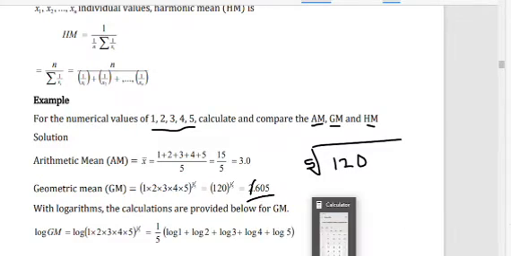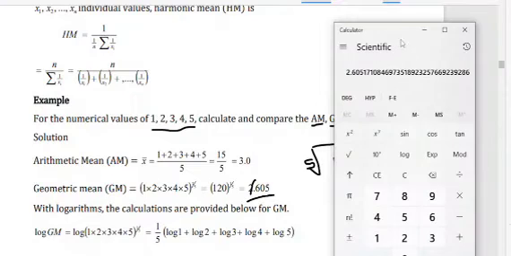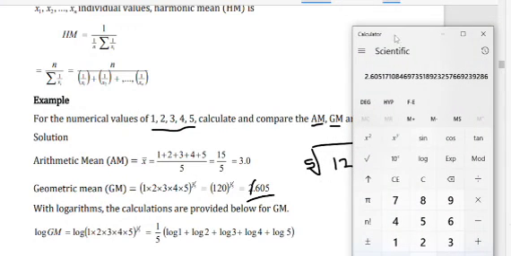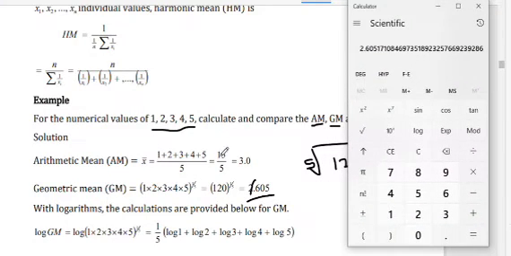Then if you don't want to use this method, you can also use logarithm. How do you use logarithm? Take the logarithm of all these numbers: log 1, plus log 2, plus log 3, plus log 4, plus log 5. So this will give us 2.075.